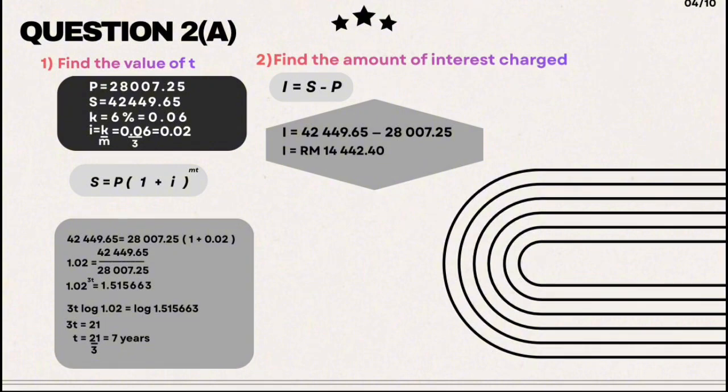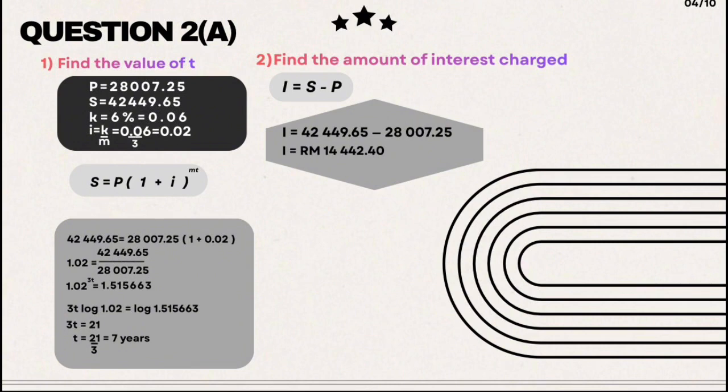To find the duration in years, we substitute these values directly into the maturity value formula. By dividing the maturity value by the principal, we get 1.02 to the power of 3t equals 1.51563.